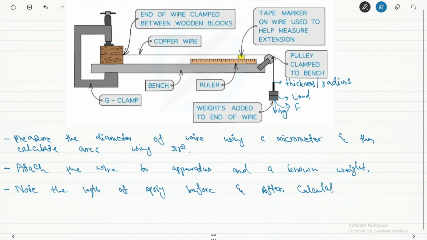Calculate x, which is the extension, using length after minus length before is equal to x, right? Finally, use the formula E is equal to F times L divided by A times X, which will give you the Young modulus. So this is basically a simple experiment.